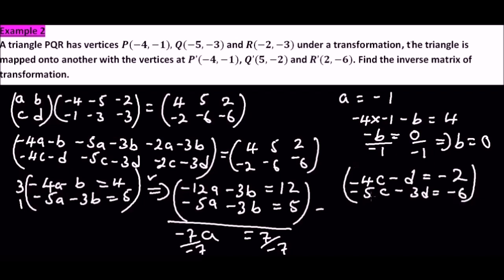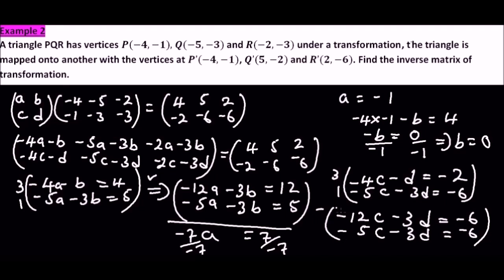We multiply the first equation by 3 and the second by 1, so that we are able to eliminate our D. Then we have minus 12C minus 3D is equal to minus 6, and minus 5C minus 3D is equal to minus 6. So we subtract the second equation from the first equation so that we'll be able to eliminate D and get our C.